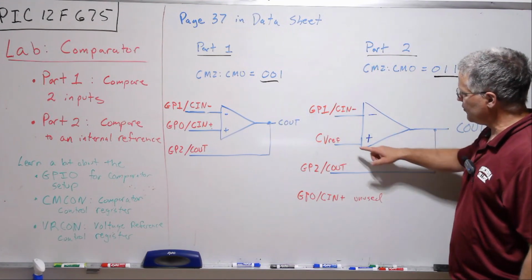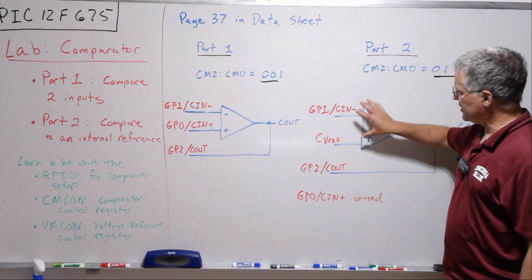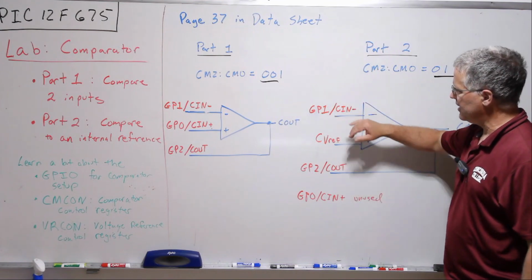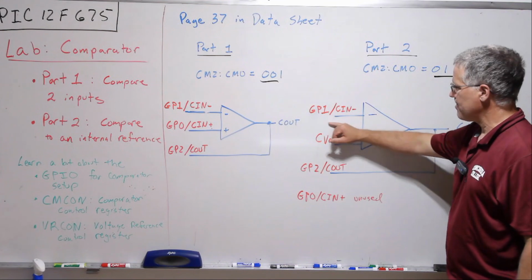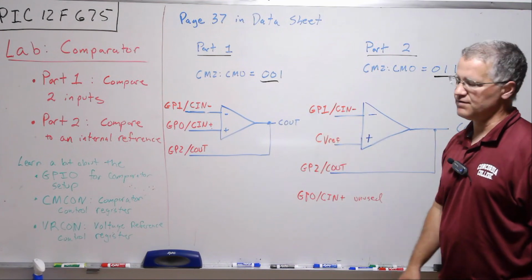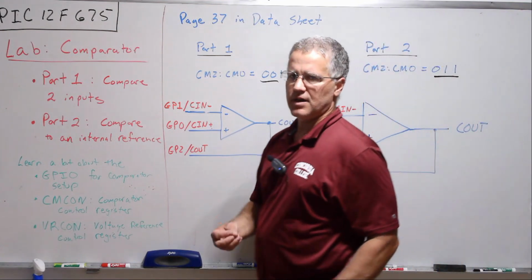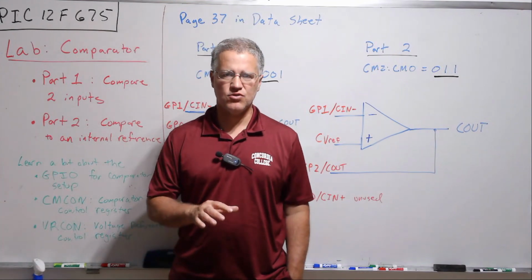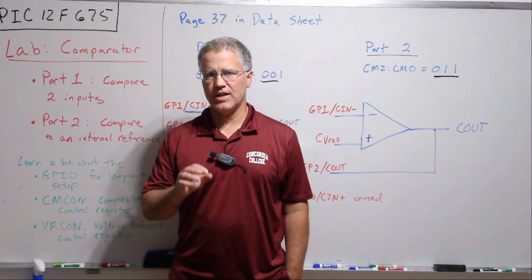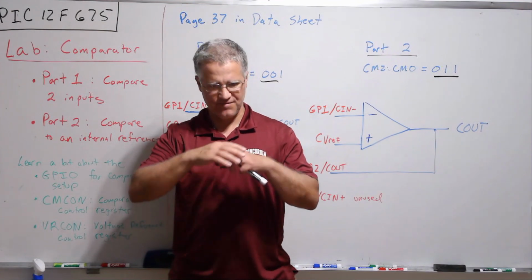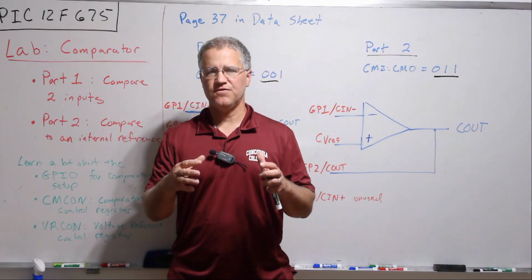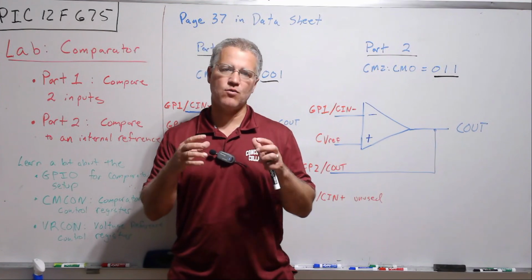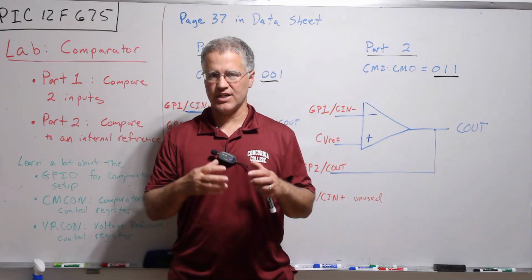And then in part 2, we're going to just have one input. This will be on input pin 1, and this will be compared to a reference voltage. Now, what we're going to see here is not optimal. What I've tried to do is focus just on the microcontroller and not worry at all about the electronic circuits.